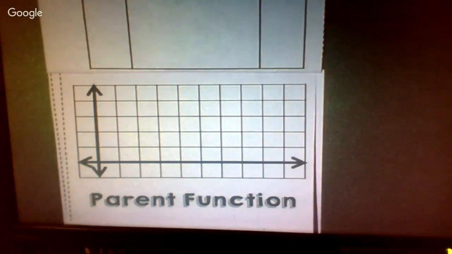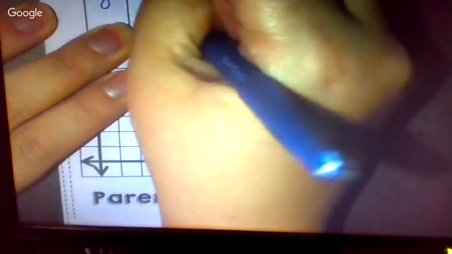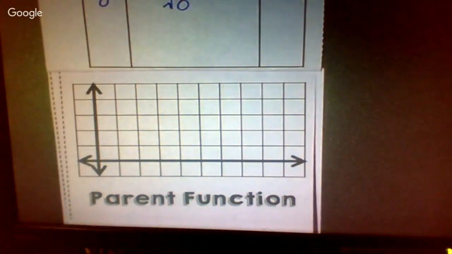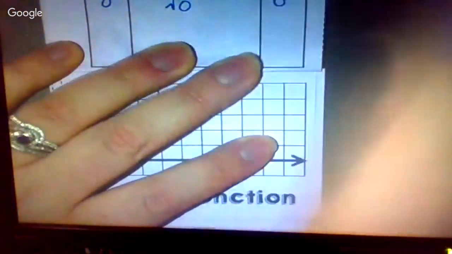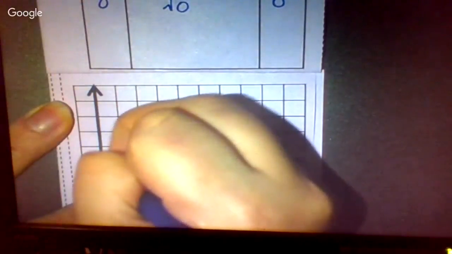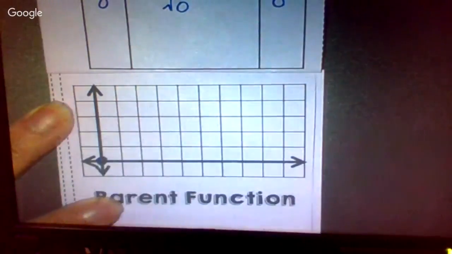Okay, so we're dealing with square root. So, x equals 0. When I plug in 0, what is the square root of 0? 0. So, your first point that we can plot is 0, 0. That goes here. Okay, there's your first point at the origin.